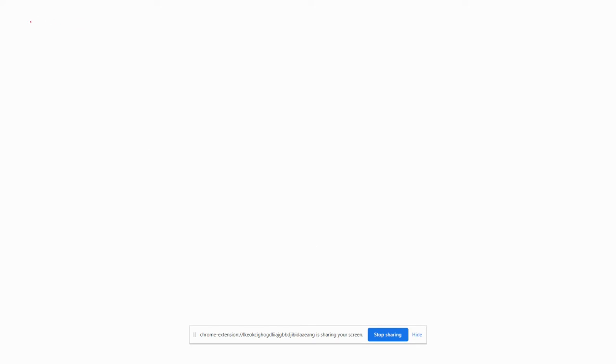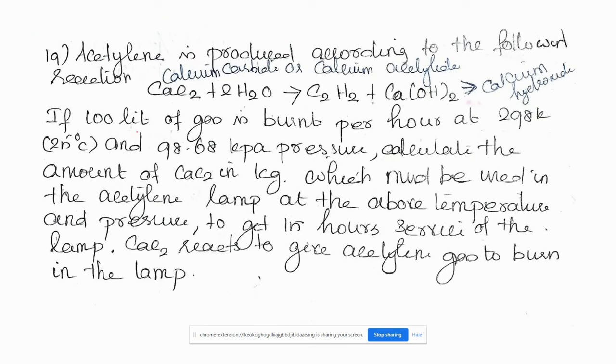Given data: they have asked us to find for 15 hours of operation. But the burning rate of acetylene as per the given data is, they have given very clearly, 100 liters of gas burnt per hour.